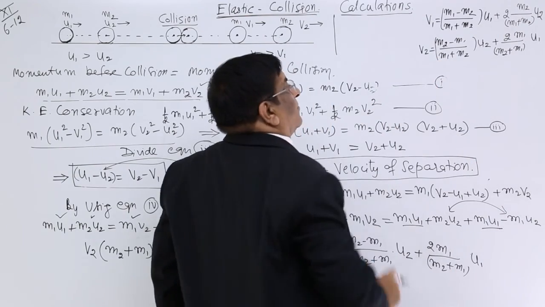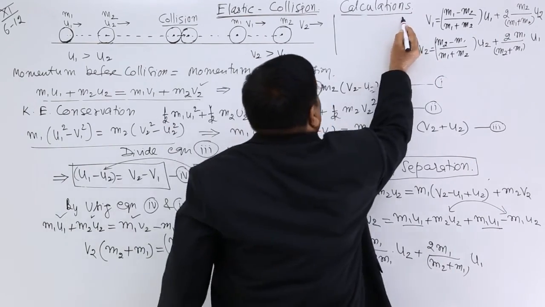This is velocity for ball number 2. So these are the two results we get here.